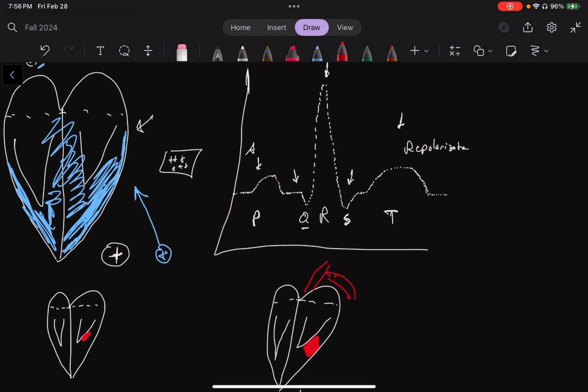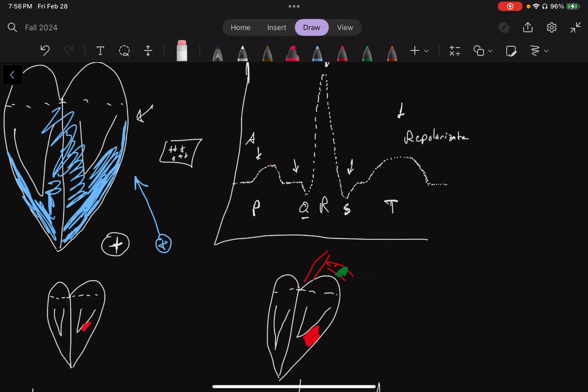If they get clogged, that's no bueno, and that prevents blood flow from getting to the heart. And so the endocardial cells very well might become hypoxic, right there. That can be a problem.